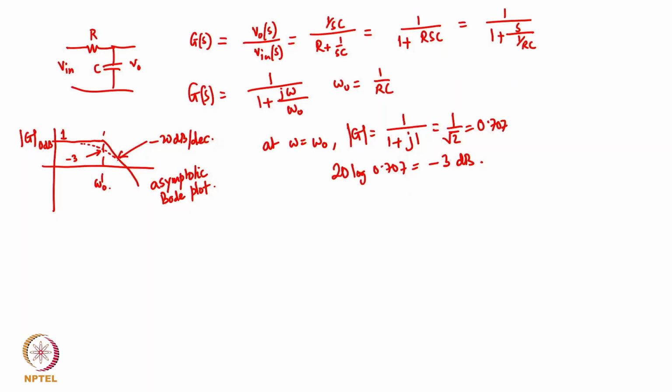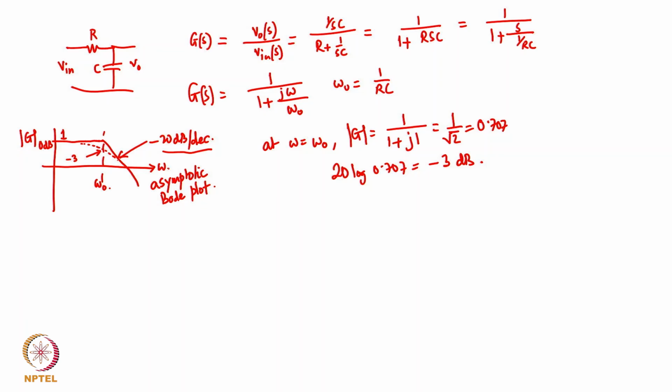Another important thing to understand is this statement here, minus 20 dB per decade. What does this mean? It means the gain is falling by 10 times when I move on the x-axis by 10 times. If you increase your frequency by 10 times on the omega axis, your gain will also fall by 10 times.